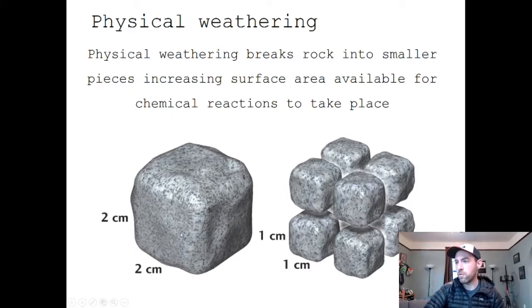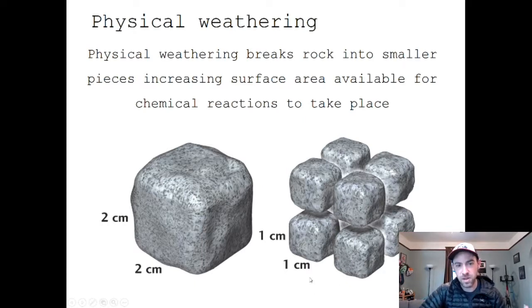If you imagine water flowing over this, right, this is 4 times, I believe that's 4 times 6, so that's 24 square centimeters, whereas this is going to be 1 times 6 times 8, right?